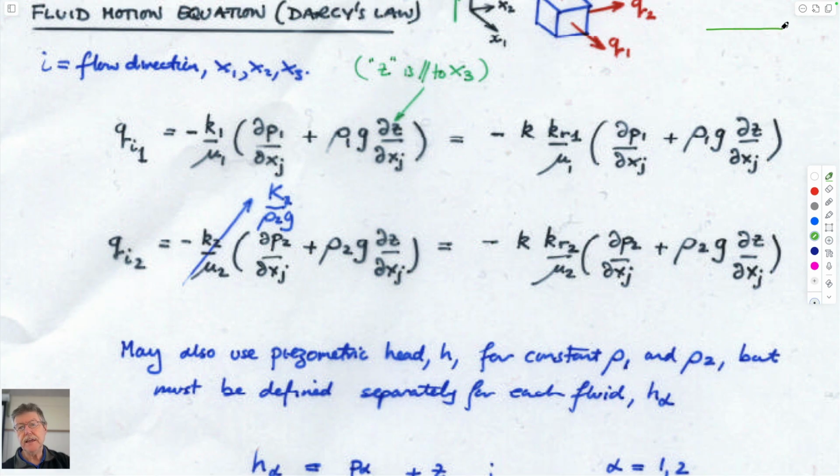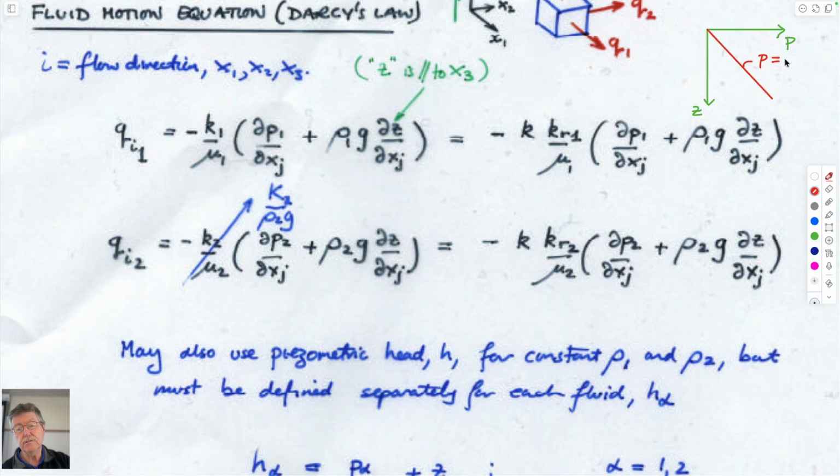The reason we need that extra term is if you think about pressure changes as a function of elevation, then you know that if you're sitting in a swimming pool in a static fluid, then the pressure gradient is something like this.